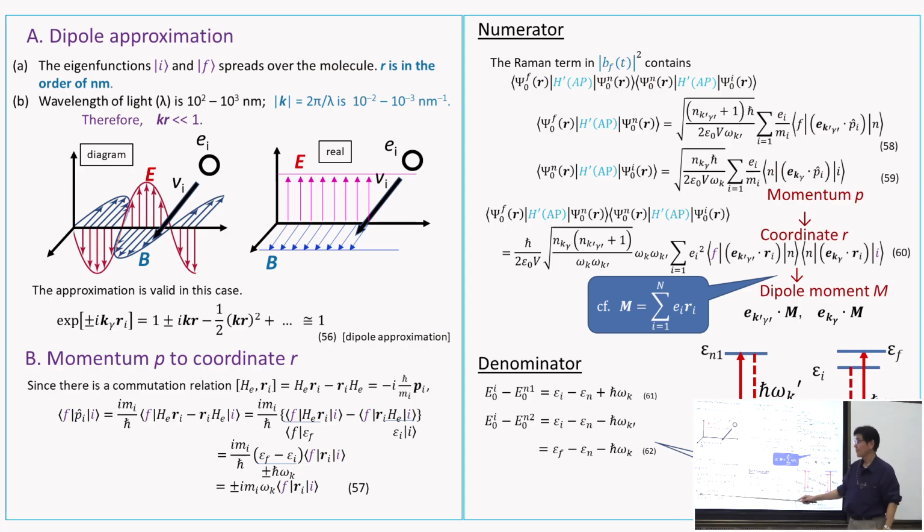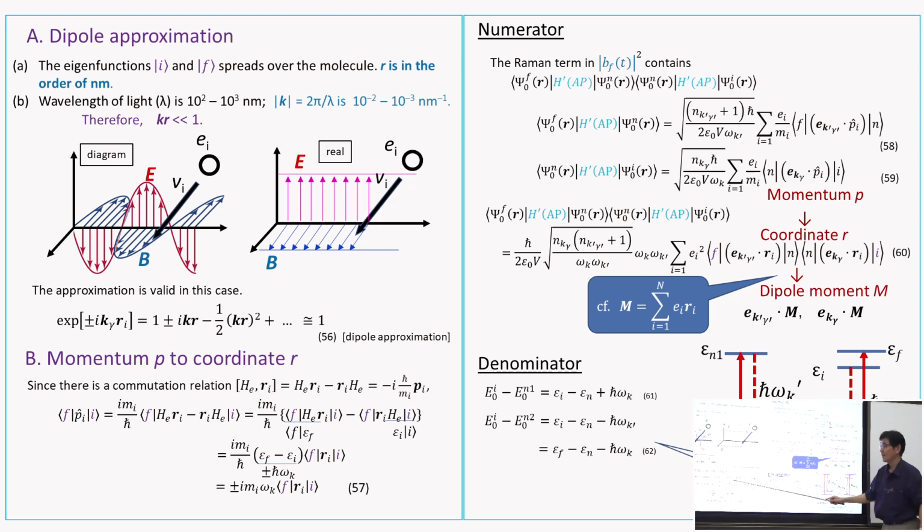And i m i over h bar, this term can be separated into two terms: f H r i minus f r H i. Okay? It can be separated into two terms.